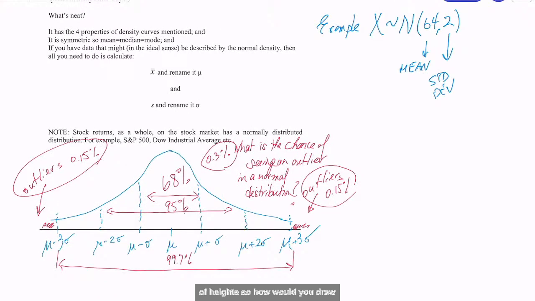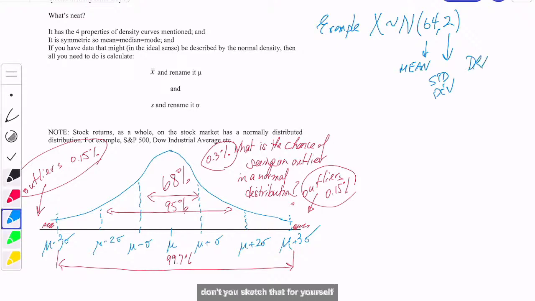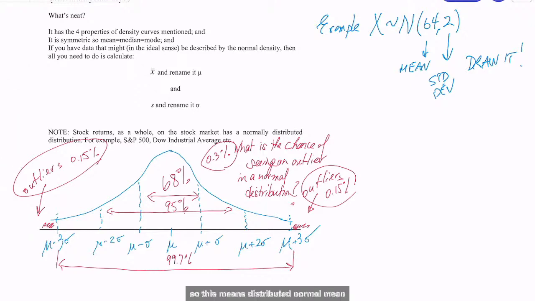So how would you draw the normal distribution for that? Why don't you sketch that for yourself? So this means distributed, normal, mean, standard deviation.